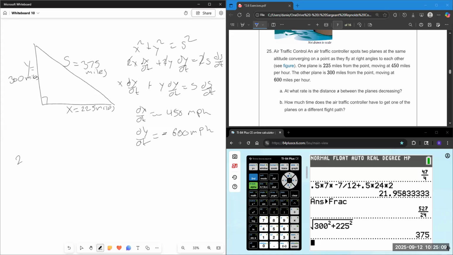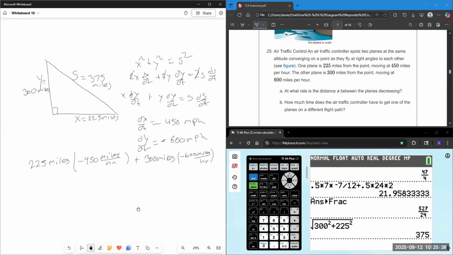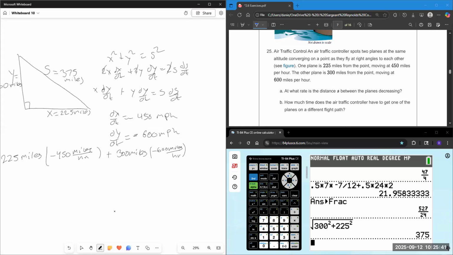So we have 225 miles times negative 450 miles per hour plus 300 miles times negative 600 miles per hour is going to be equal to s, which we just found was 375 miles, times ds/dt that I'm looking for.